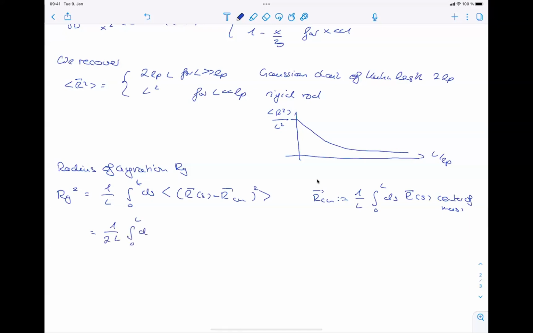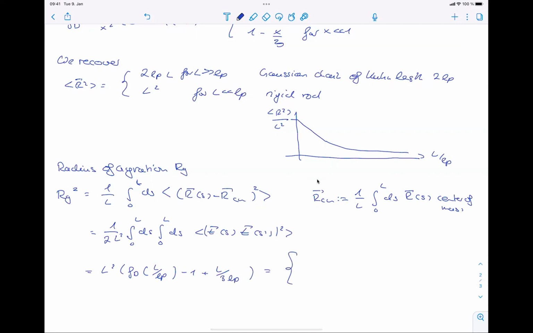Expand out, expressing both of them in terms of tangent correlations again, to arrive at, again, our beloved Debye function and correction terms.